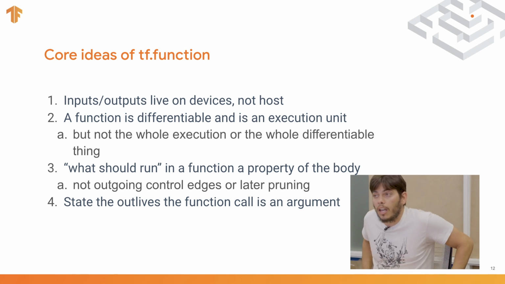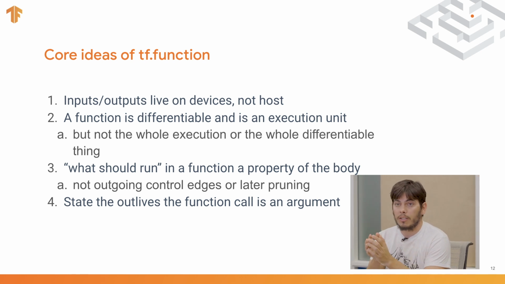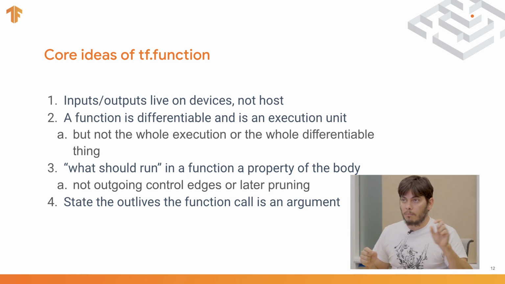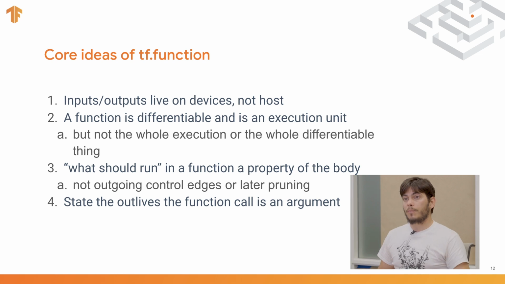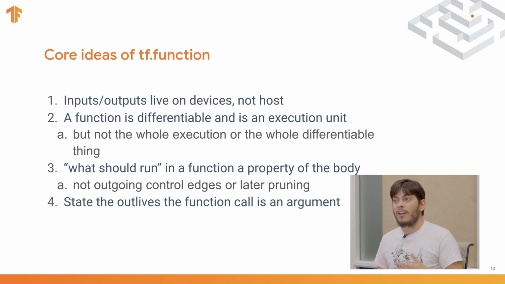And finally, every bit of state that outlives the function call should be an argument, either an explicit argument passed by the user from Python, or an argument that's implicitly captured, like closure capture or something like that, that's just passed to the runtime. And by making all the state that outlives the function call an argument, we get to enforce property 3 without too much complexity.